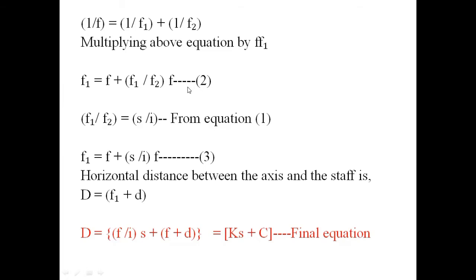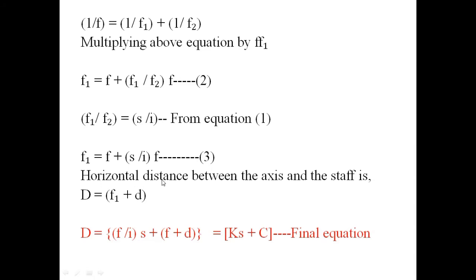From equation number 1, we also know that F1 by F2 is equal to S by I. Putting this in equation number 2, according to the derivation and simplification, we find the value of F1 is equal to F plus S by I into F. That is equation number 3.